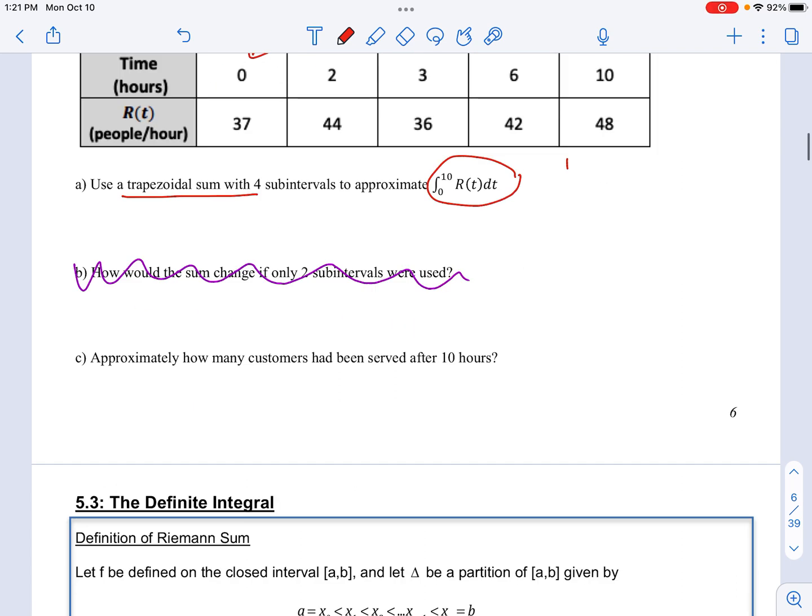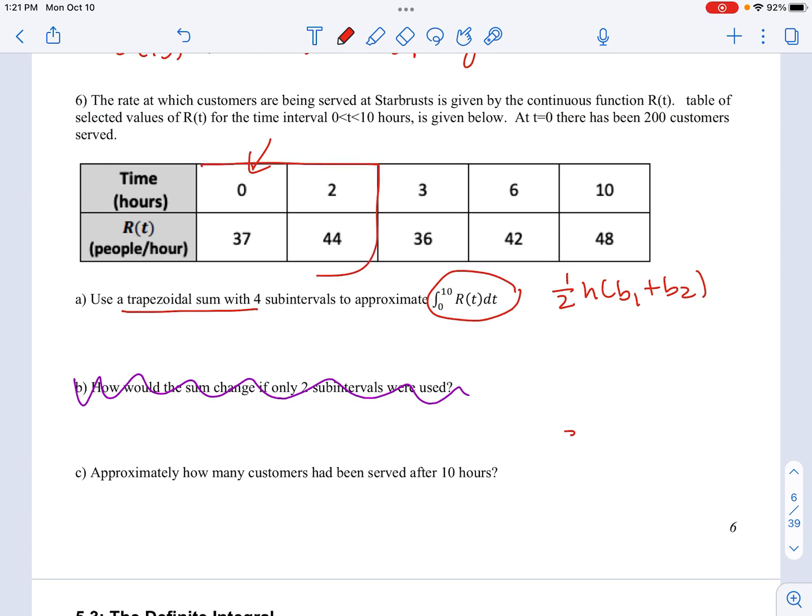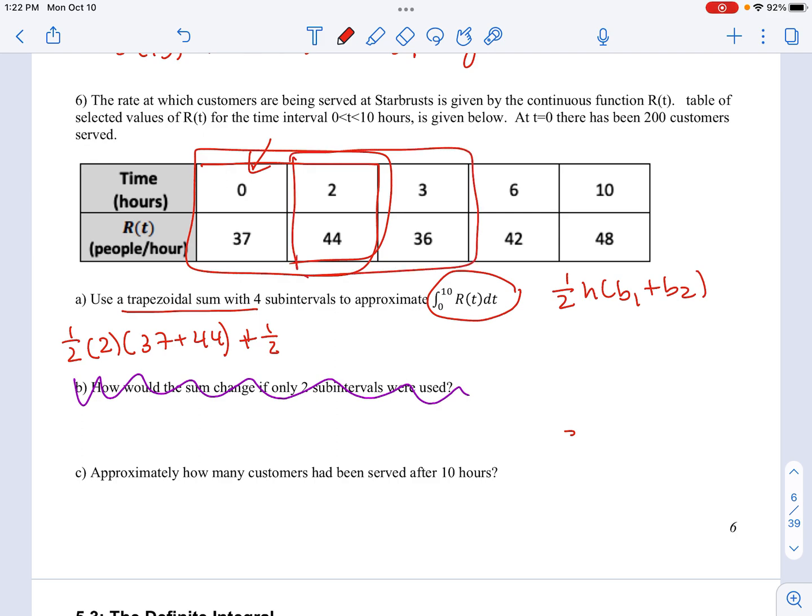Okay, remember the area of a trapezoid is 1/2 the height times the sum of the 2 bases. So my first trapezoid is going to go from here to here. So 1/2, the height is the width. And then those are my 2 bases. There's my first trapezoid. Second trapezoid is going to be 1/2, right? With this one, your bases are 44 and 36.